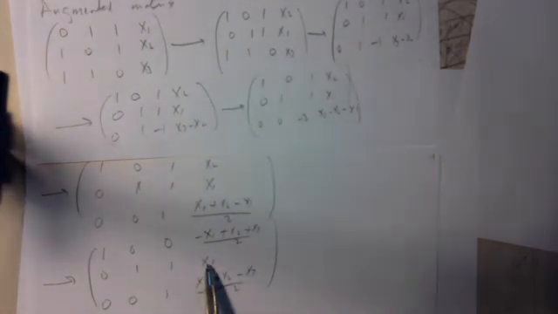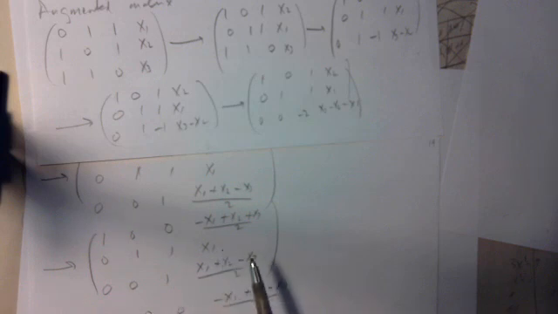And then I want to get a 0 here. So 1, 0, 0, minus x1 plus x2 plus x3 over 2. 0, 0, 1, x1 plus x2 minus x3 over 2.